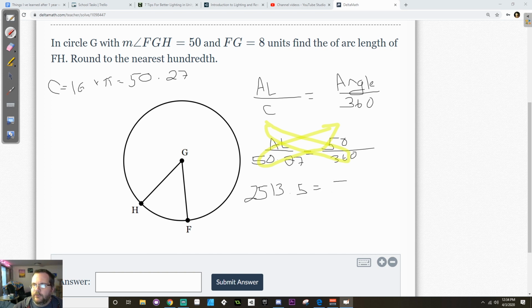And then that's going to be equal to 360 times the arc length. And then if I divide both sides by 360, I get, let me make sure I did that right. Yep. So that means the arc length is equal to 6.98 and whatever the units are. But in this case, you don't have to answer with the unit. So 6.98 rounded to the nearest hundredth.